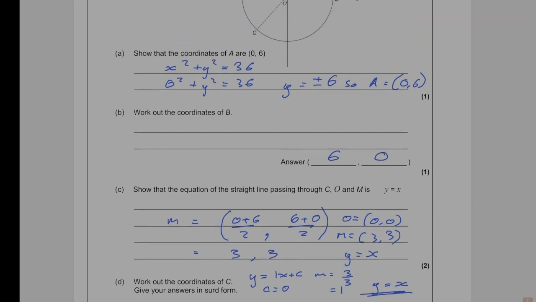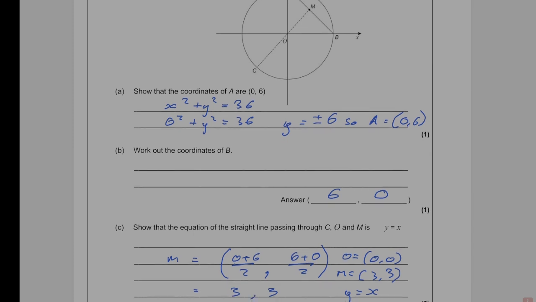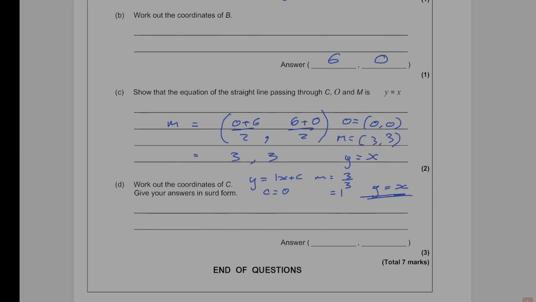Okay, work out the coordinate of C, giving it in surd form. Right, it's the intersection of y equals x and x squared plus y squared equals 36.